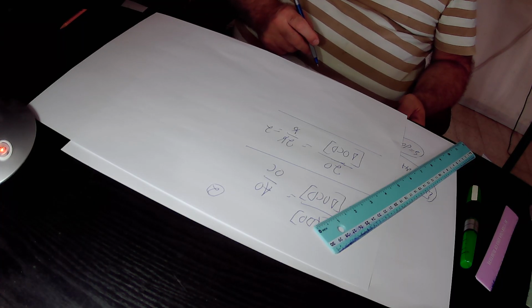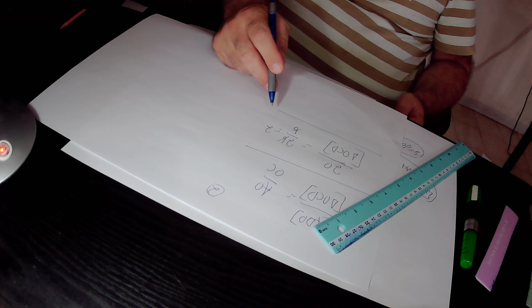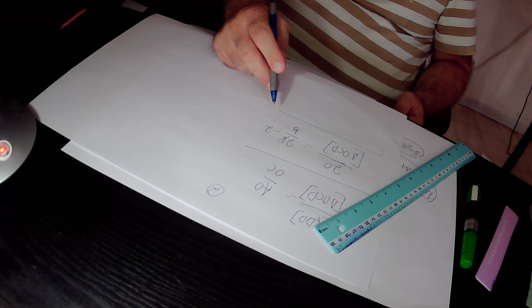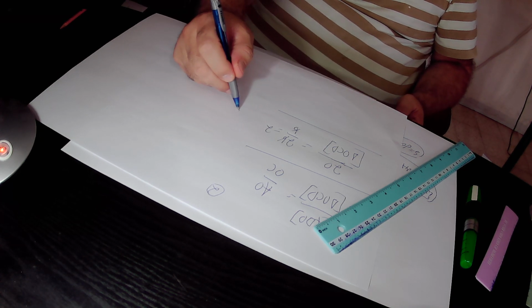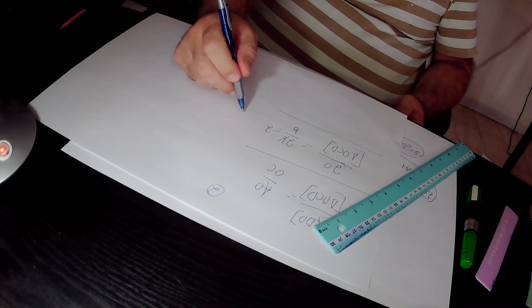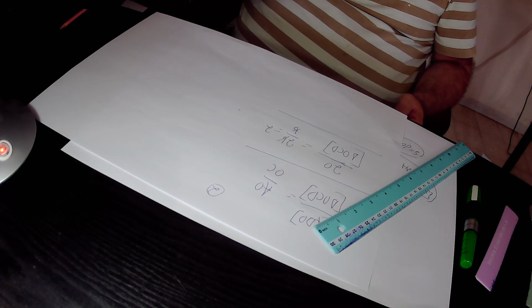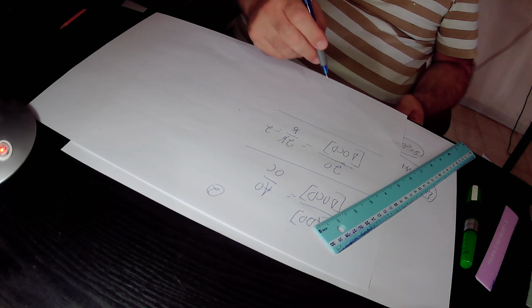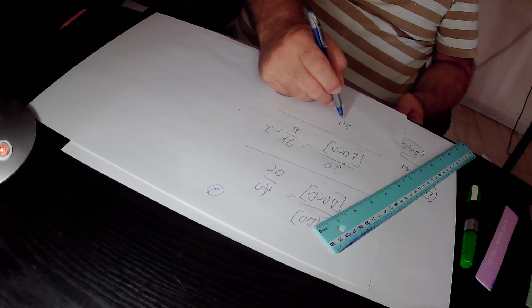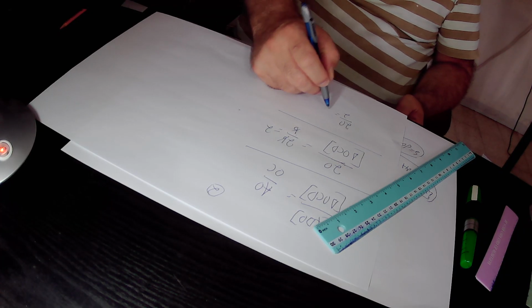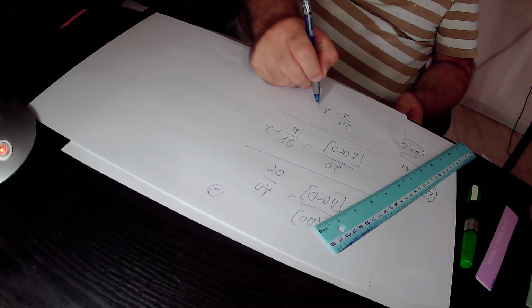So here we divide this equation by 2, or rather we cross multiply it. We get that 20 over 2 equals the area of triangle OCD.